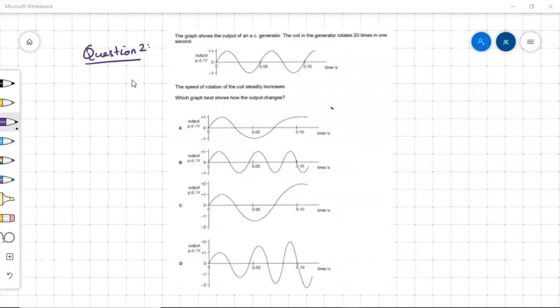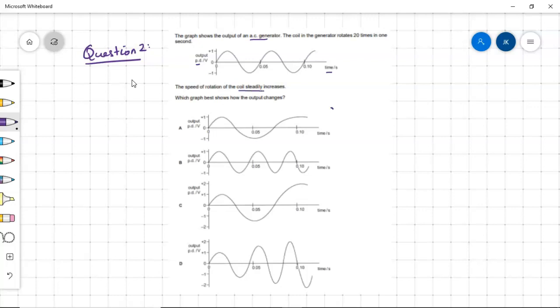Question 2. The graph shows the output of an AC generator. Here is the voltage and time graph. The coil in the generator rotates 20 times in 1 second. If the speed of rotation of the coil steadily increases, which graph best shows how the output voltage changes?